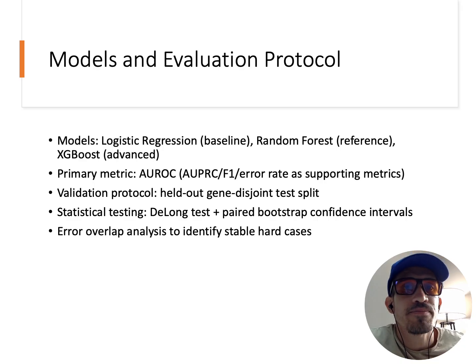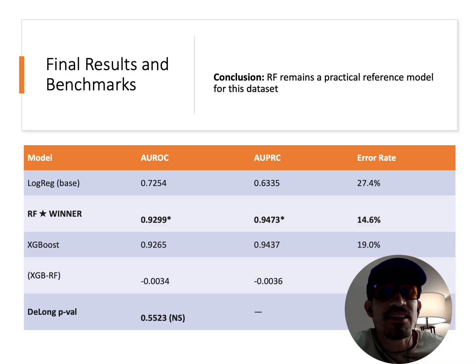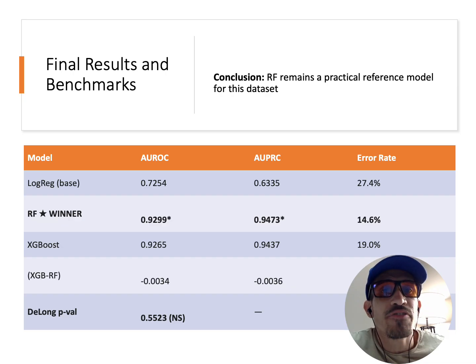Most importantly, model comparison is statistically validated using DeLong and paired bootstrap intervals, so performance claims are defensible. Random forest and XGBoost both performed strongly, but XGBoost did not show a statistically meaningful gain. RF achieved ROC 0.9299 and PRC 0.9473, while XGBoost achieved ROC 0.9265 and PRC 0.9437.